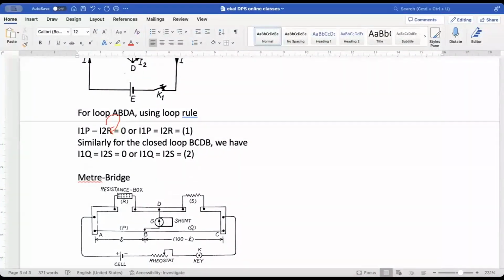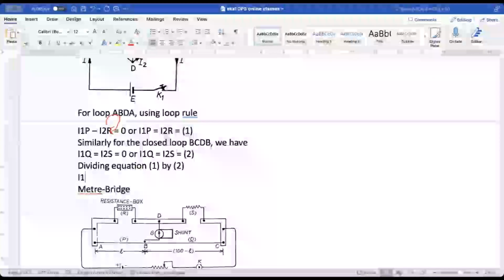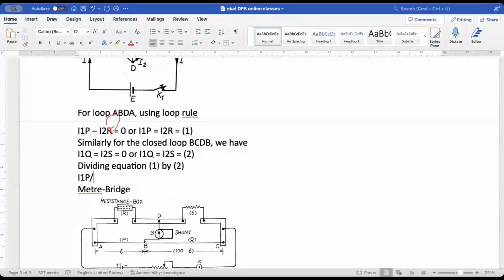Now, dividing equation 1 by 2, we get I1P divided by I1Q equals I2R divided by I2S. Fine.